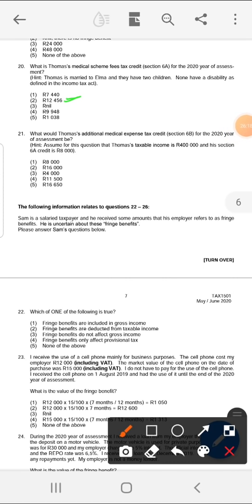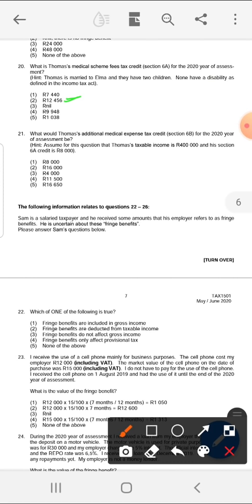And then, what will Thomas' additional medical expense tax credit, section 6, be for the 2020 year of assessment? Hint: assume for this question Thomas' taxable income is 400,000. This section 6A credit is 8,000. So let me show you the format that we will follow here.